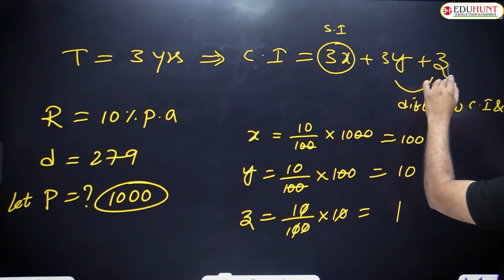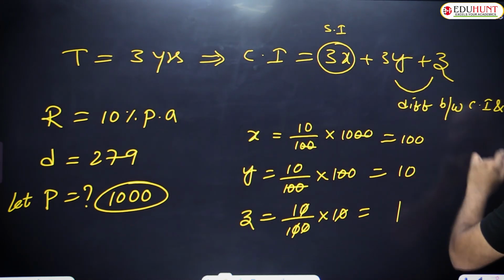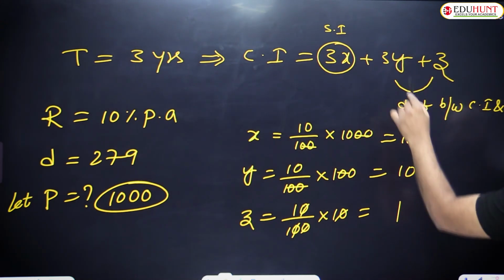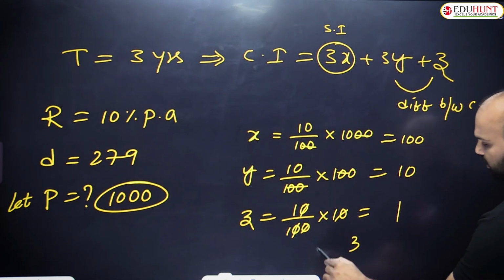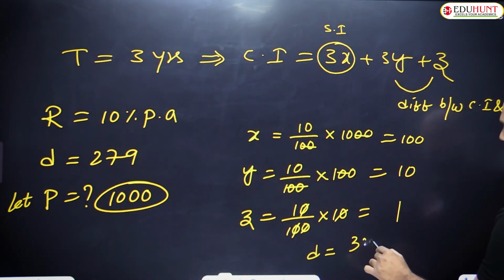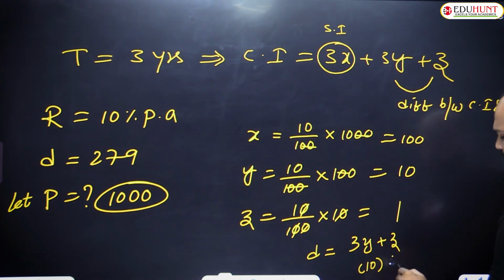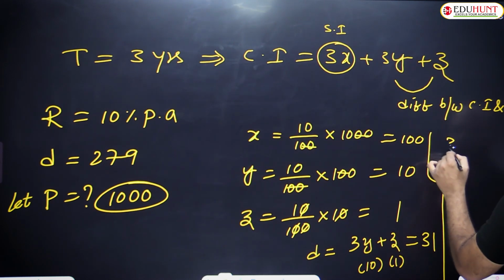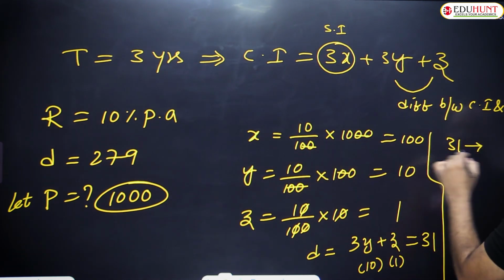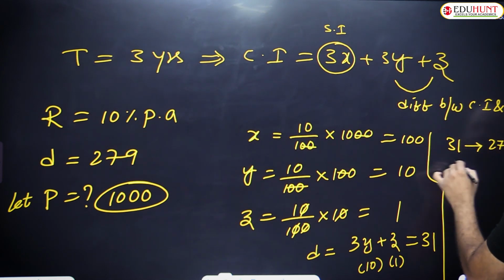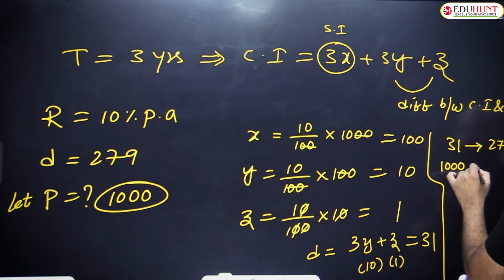Here 3y plus z is the difference between simple and compound interest. 3y is 3 into 10, y value 10, z value 1. Putting into that equation, we get 31 as the difference. That 31 parts value in the question is 279. But the question is asking for the principal, which we took as 1000 parts.